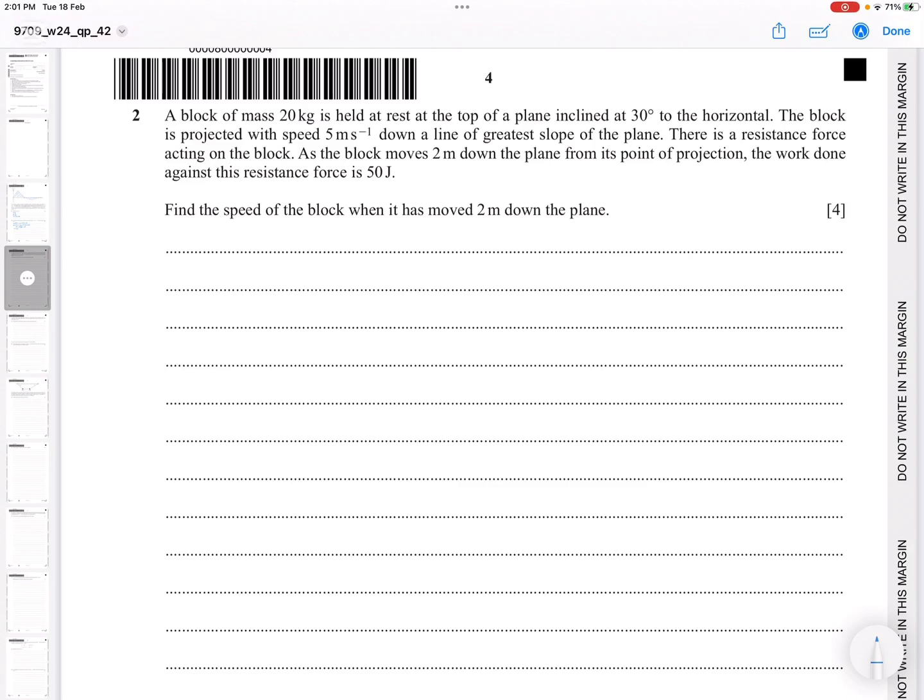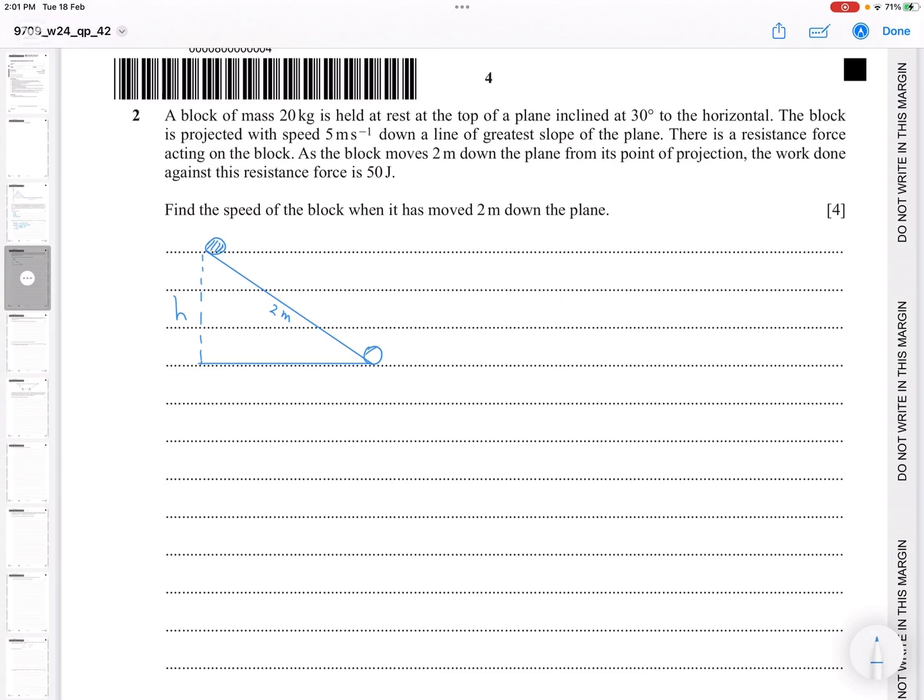So if we make a simple diagram, our block is here and this is our height, and say this is a 2 meter distance.